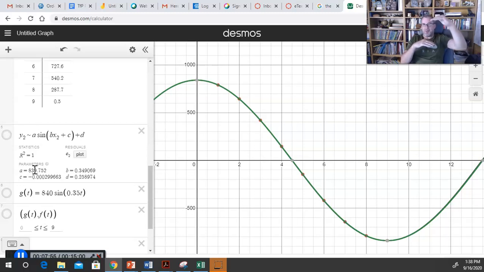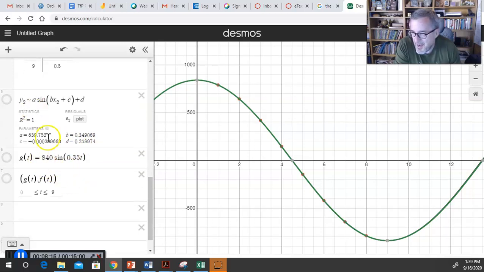You guys will have some specific measurements in feet or meters, whatever you want to use. B is again 0.35. C is practically 0, it's negligible. And D is pretty small too. Let's make it just 0.